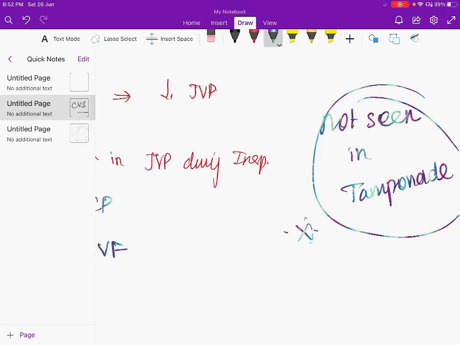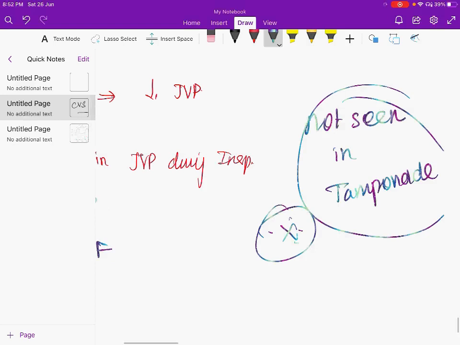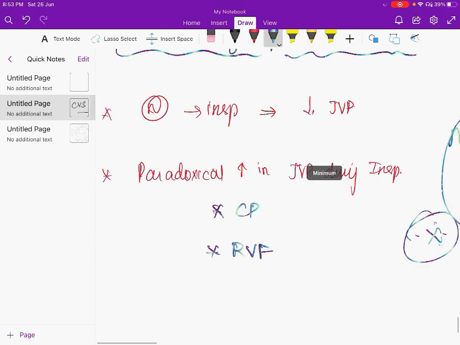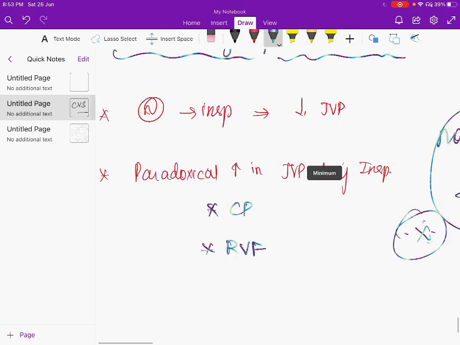This is again an entrance question. There is no Kussmaul sign in cardiac tamponade because there is no increased return to the heart. It will be normal as such. So this is all about Kussmaul sign.